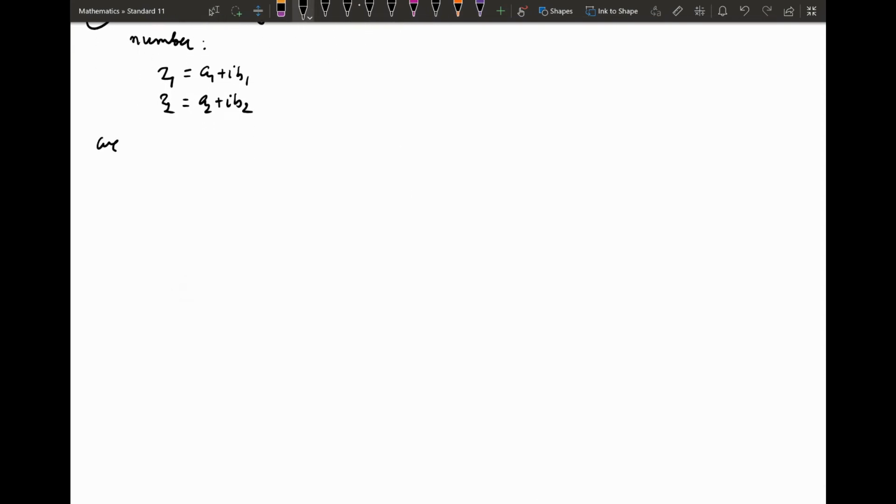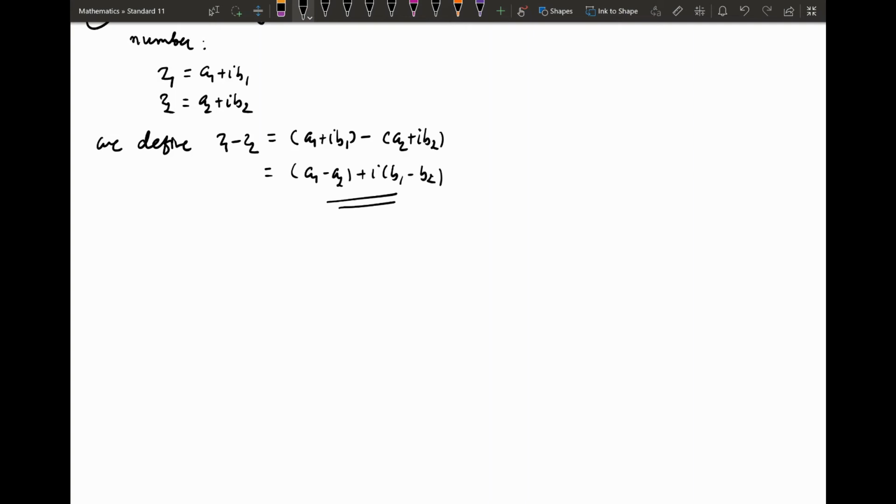Then we define z1 minus z2, which is known as the difference of two complex numbers z1 and z2, as a1 plus ib1 minus a2 plus ib2. So we define it as a1 minus a2 plus i into b1 minus b2. This is the difference of two complex numbers.